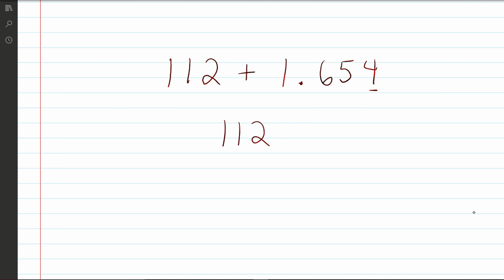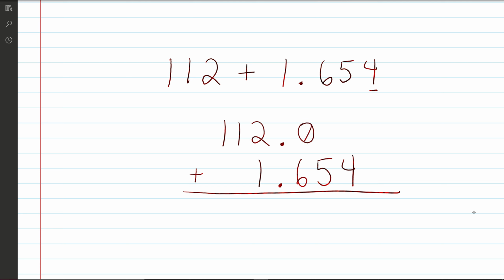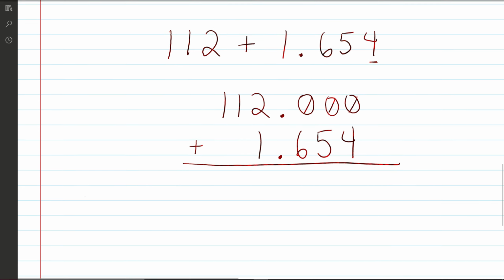For the other number, that 1 is the only whole number, so we put that under the ones place. The decimal point goes next to it, and the 654 goes next to that.